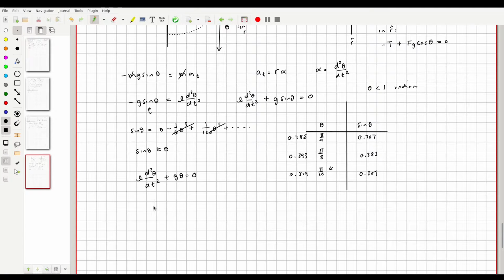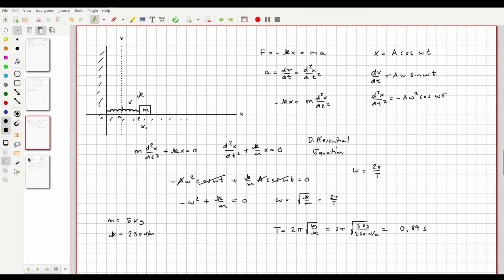Okay. And if I just divide both sides by L, I get this. Now take a look over here.